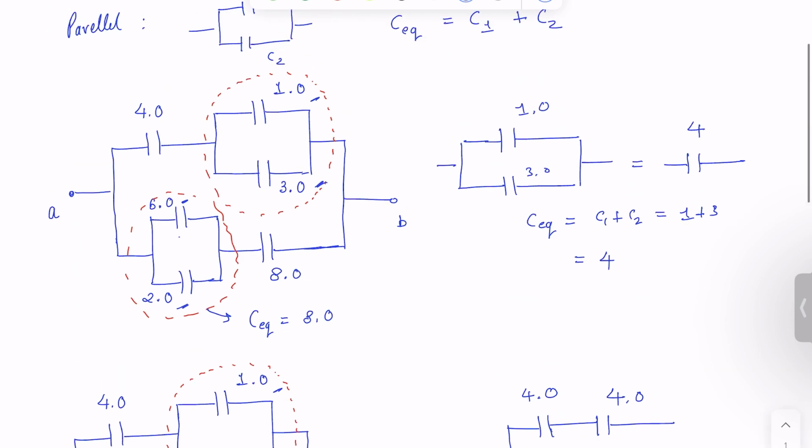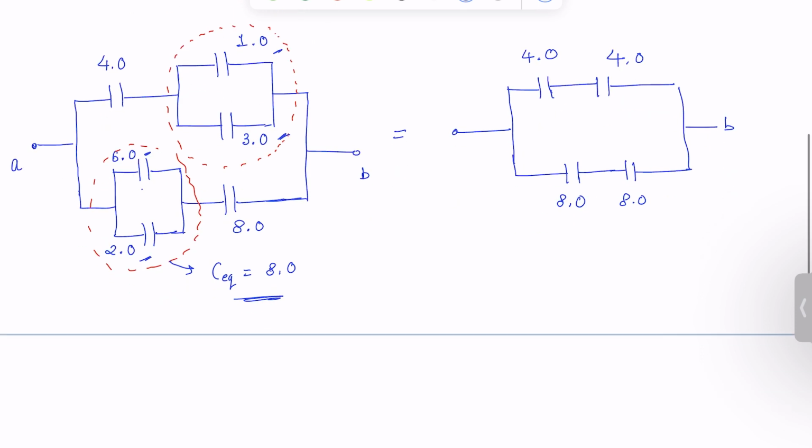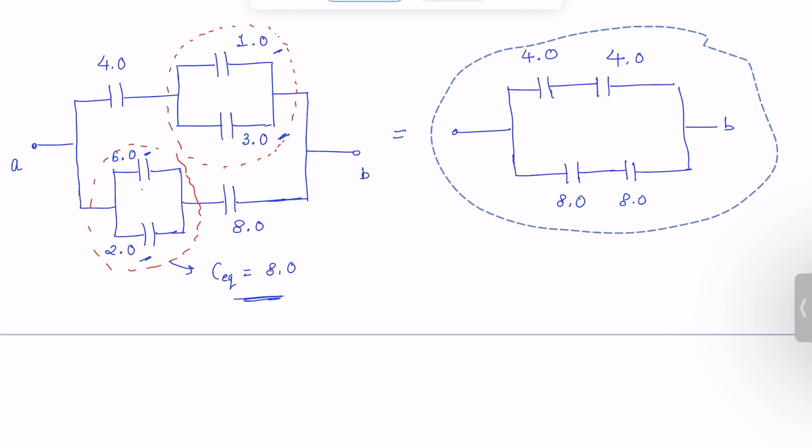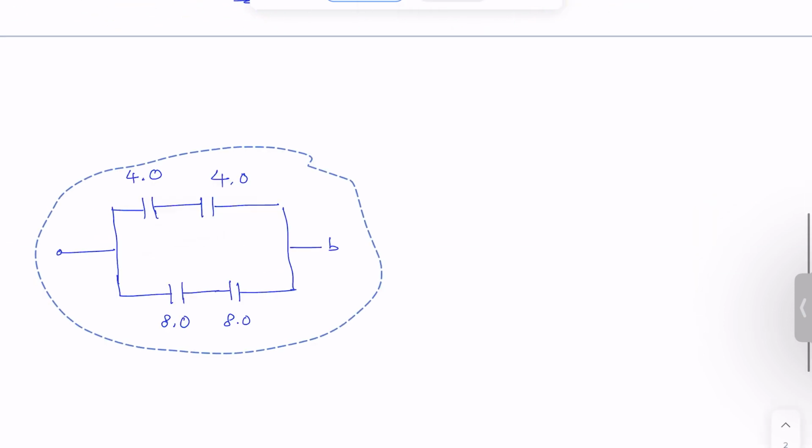That's what we saw here. And then here, instead of two capacitors in parallel, you've got only one capacitor whose capacitance is 8. That's what we calculated here. And then this guy will be 8, and then you have this, right? So let's copy this diagram and make it here.